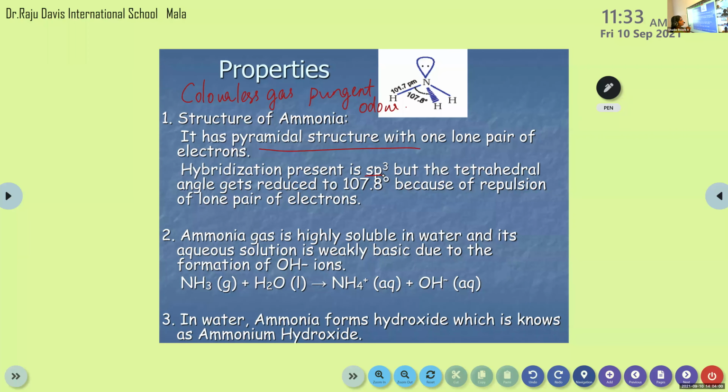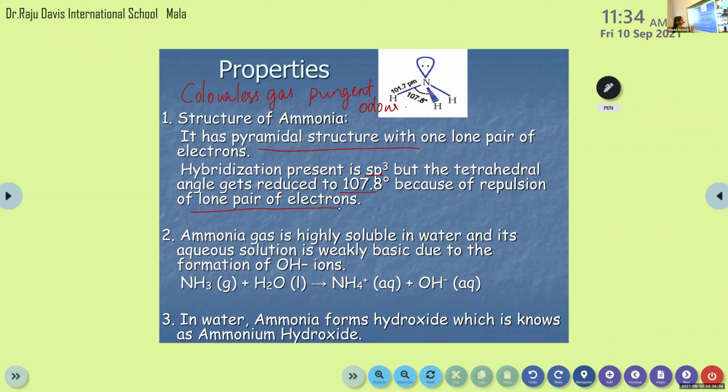In the NH3 molecule, single bonds are there, so it is sp3. But the tetrahedral angle gets reduced to 107.8 degree because of the repulsion of the lone pair of electrons present on the nitrogen atom. It's reduced from the actual tetrahedral angle and its hybridization is sp3.